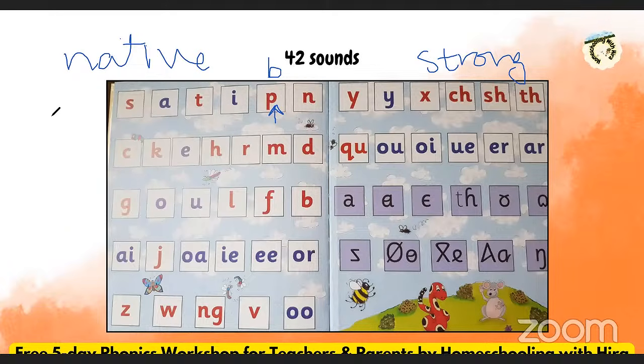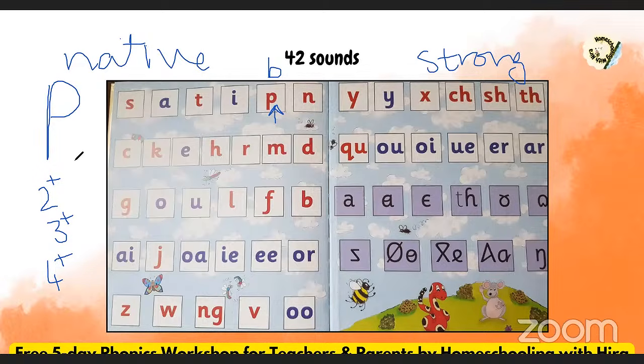In Arabic language, we do not have the sound of letter P. That's why Arabic kids, if they are pure Arabic and nobody has taught them this sound at their formation, for example, if people don't speak letter P sound when they are 2 plus or 3 plus, by the time they come to school, that is 4 plus, they get so used to saying the b sound that they cannot articulate the p sound, right?